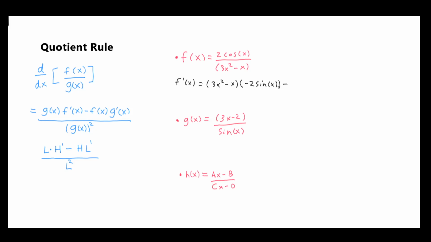And we'll continue to follow along in the second half here. In this case we just use our function on the numerator, so 2 cosine x. And then we multiply that by the derivative of our lower function here, which is 6x minus 1.